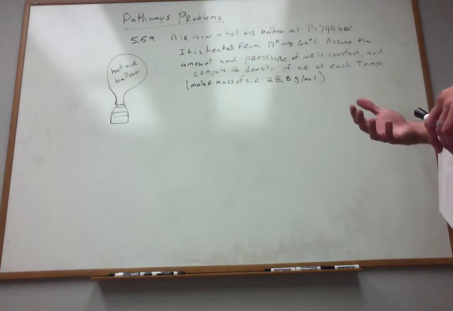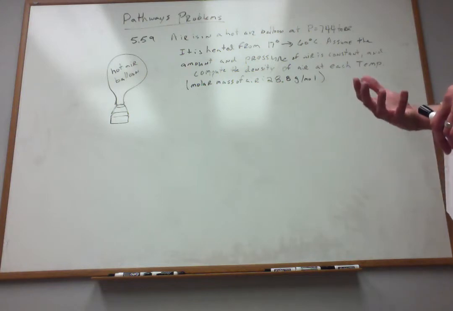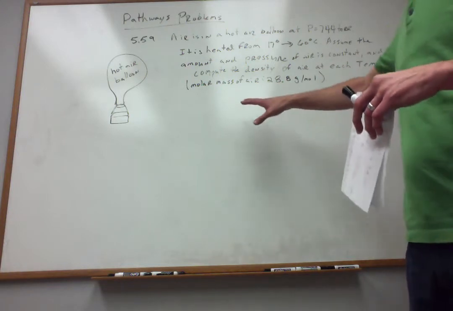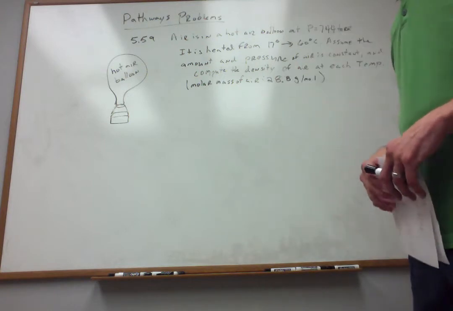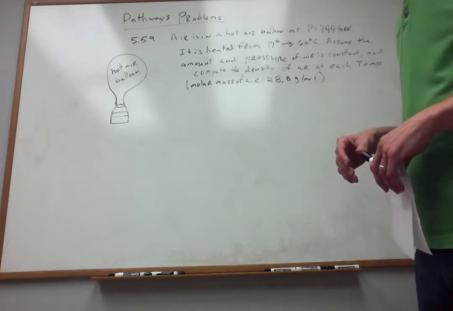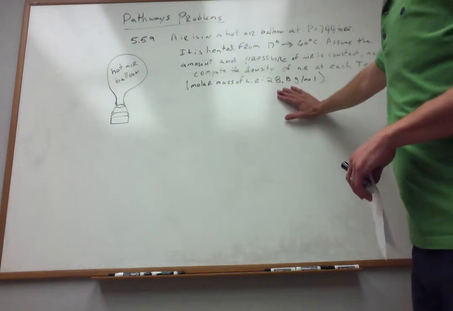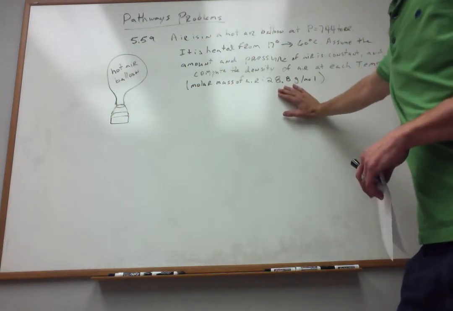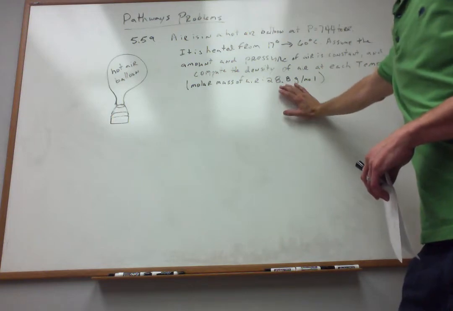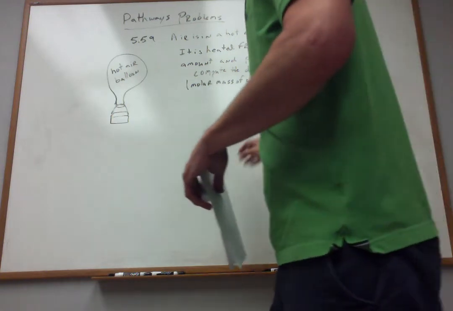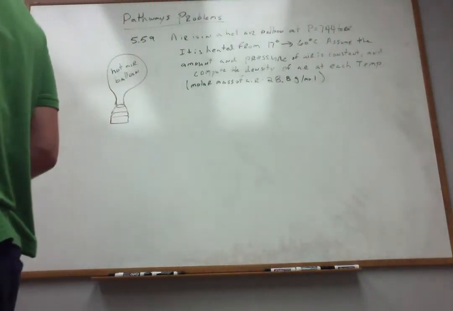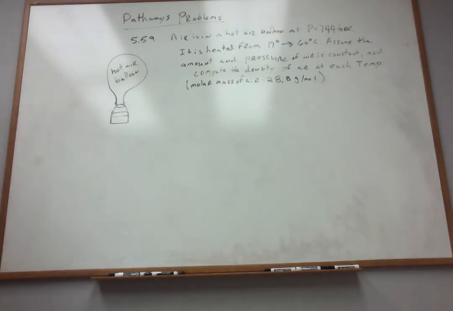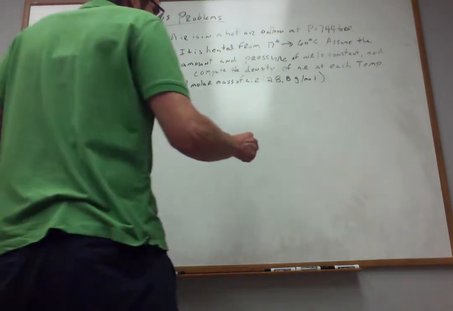Since air is a mixture, it's not a pure substance, so air doesn't really have a molar mass per se that you could find from a periodic table. But they give us this 28.8 grams per mole. That's simply the weighted average of the major gases which are present in air. We're going to use that later in the problem, but don't be confused by that. Hopefully you aren't.